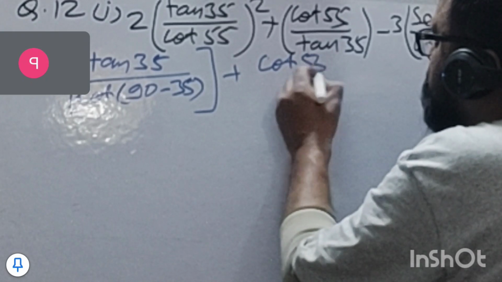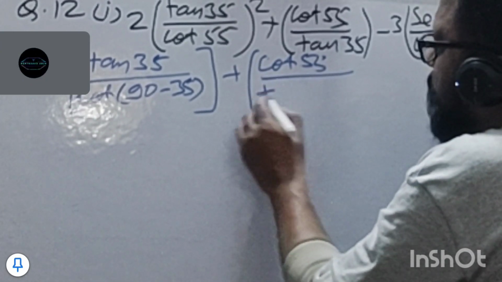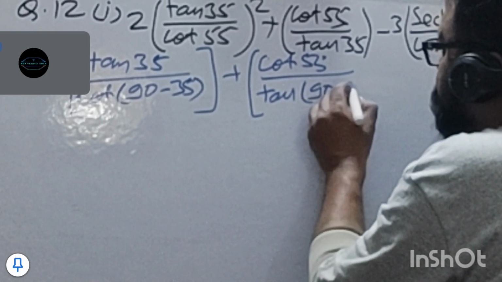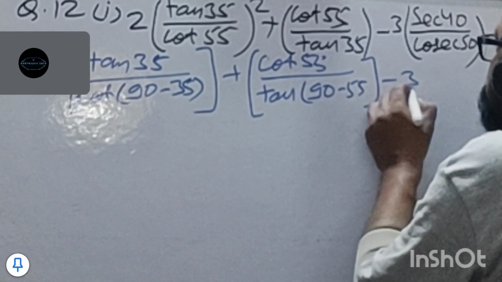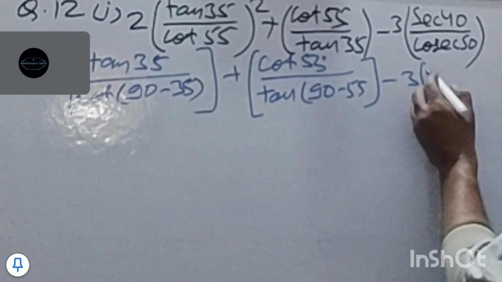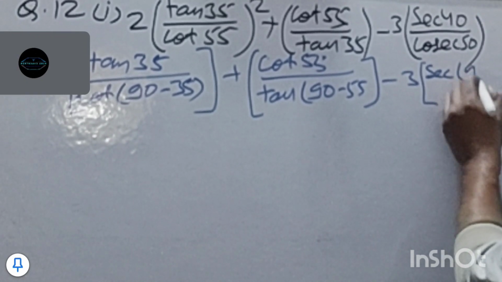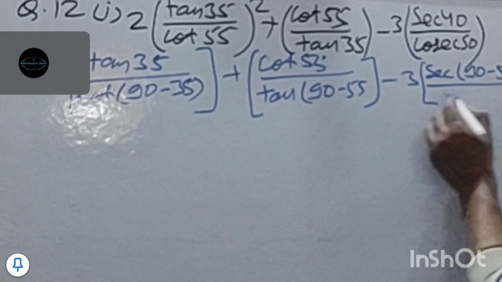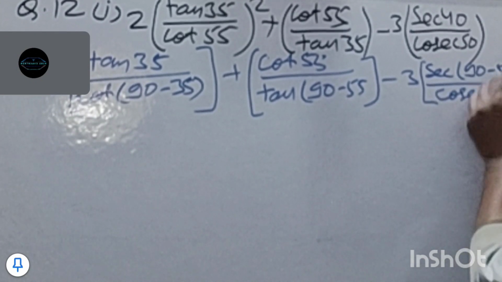Now tan 35 upon cot 90 minus 35, plus cot 55 upon tan 90 minus 55, and minus 3 sec 40 degree, which is sec 90 minus 50 upon cosec 40 degree.